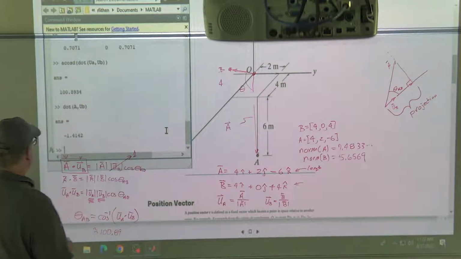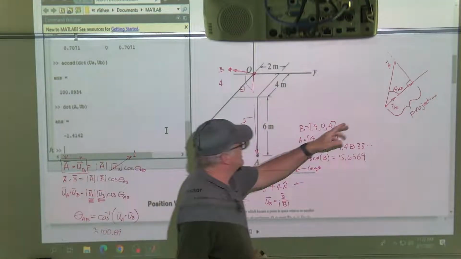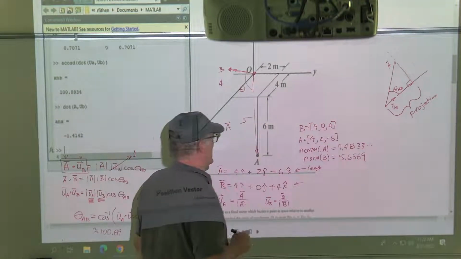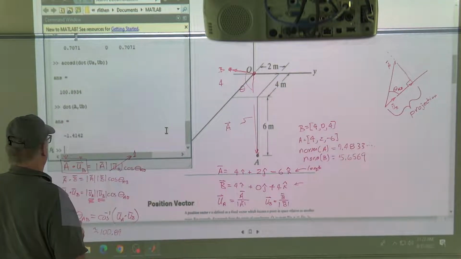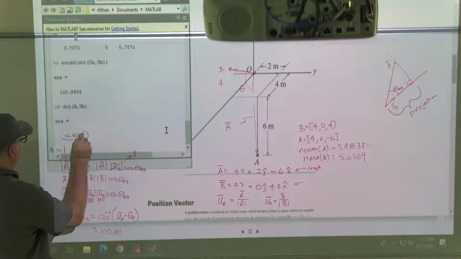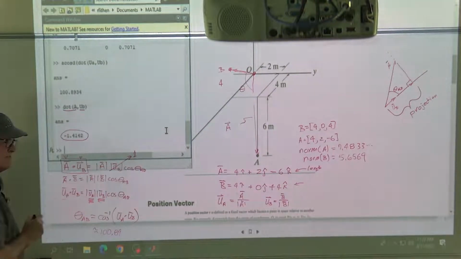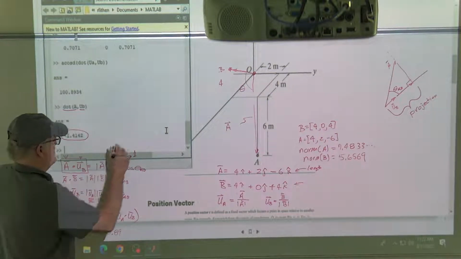Now, let's stare at this. That's related not just to this, but it's related to that. First of all, this is showing that the dotted projection of A onto B is a minus number. And at first you're like, oh, wait a minute, how come is that?